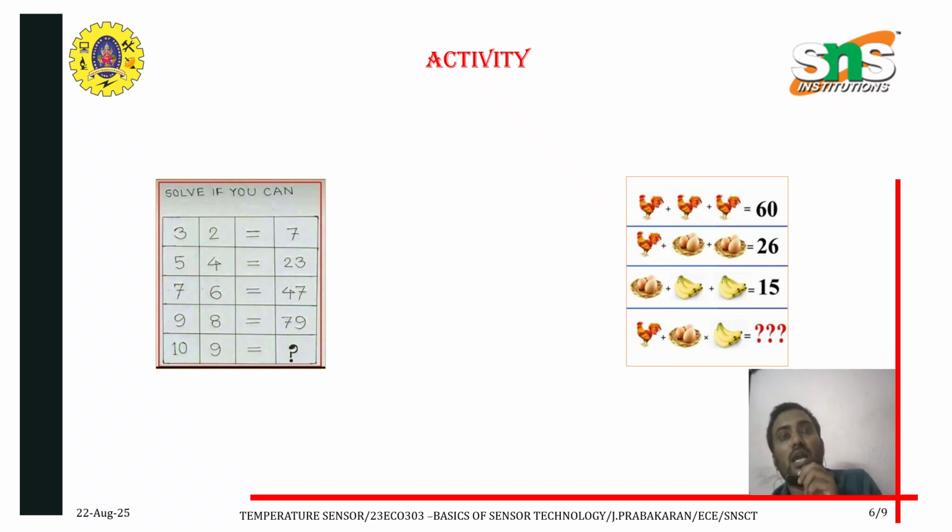What is the value of one hen, one plate of egg, one bunch of banana, which is equal to question mark? You have to find this value, find the answer, and comment the correct answer to me. Okay, let me continue.